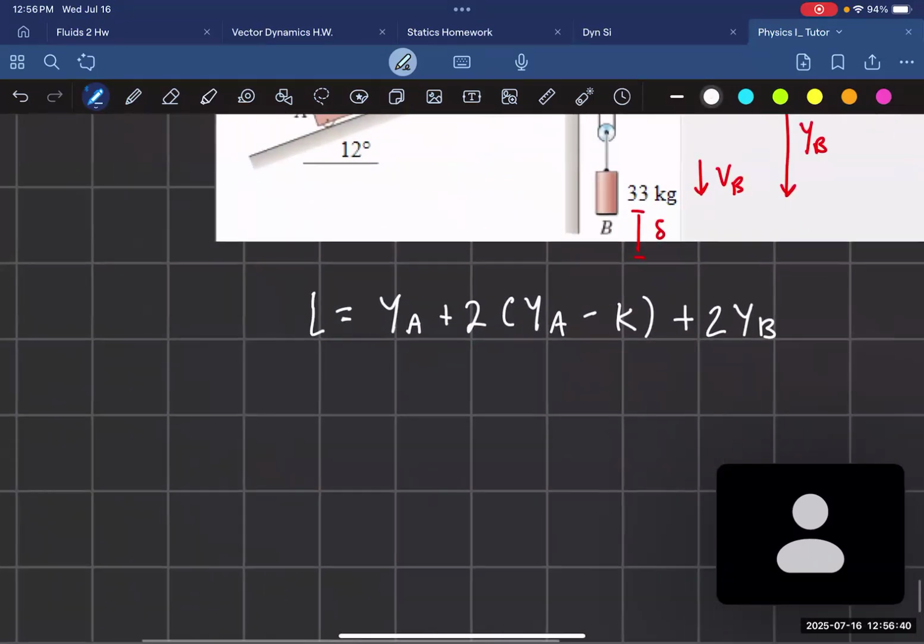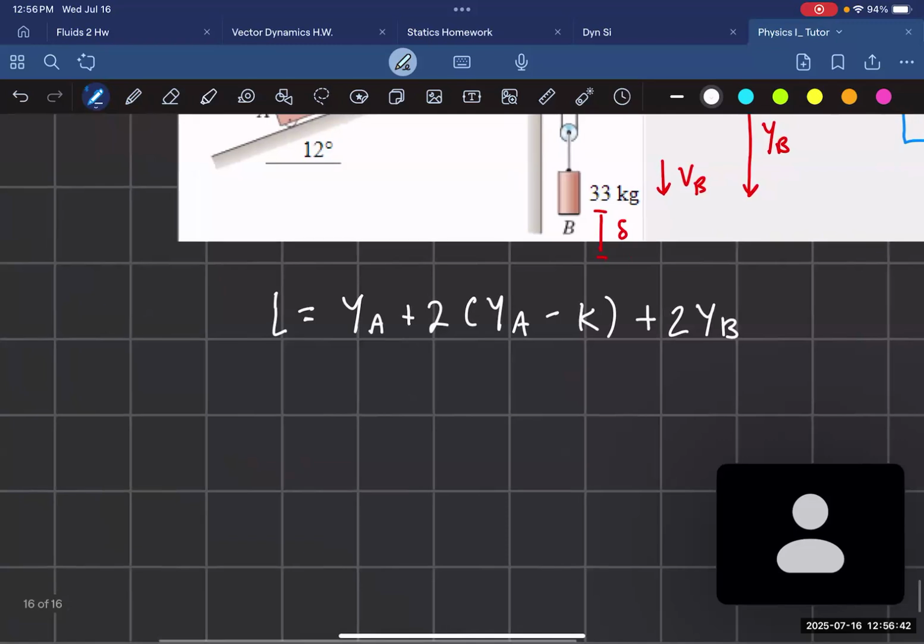Let's take the derivative of this equation with respect to time, right? So dL/dt. The length of the pulley is not changing, so it's equal to 0.